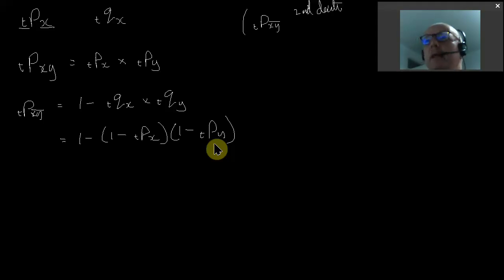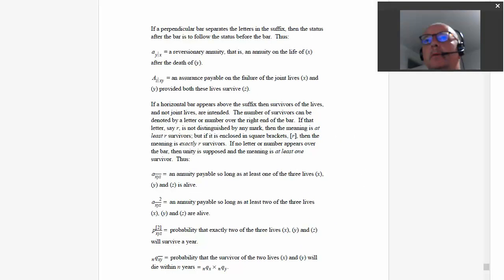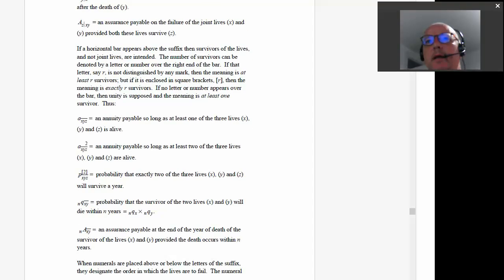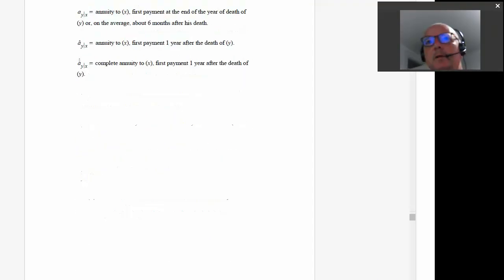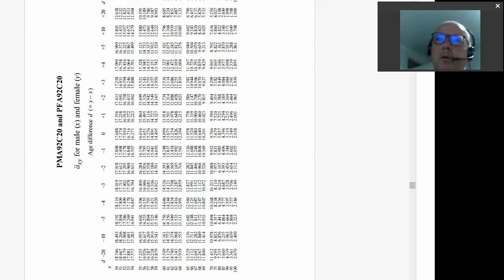But normally, if we're doing these calculations, we're looking at annuities or assurances. Now again here, we're going to go back to look at the tables, and what we're going to notice is that in practice you would just have a function that deals with each different thing, reversion annuities or joint life annuities, first life annuities and whatever.